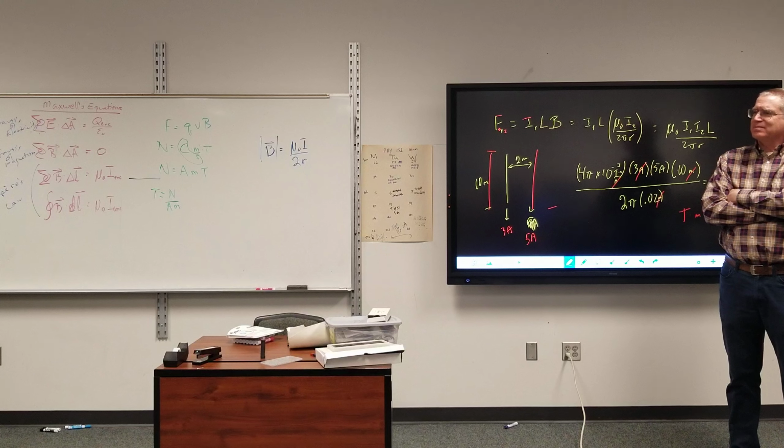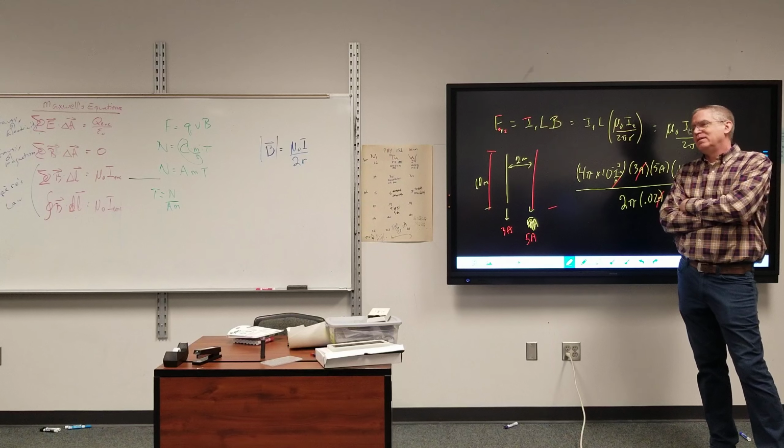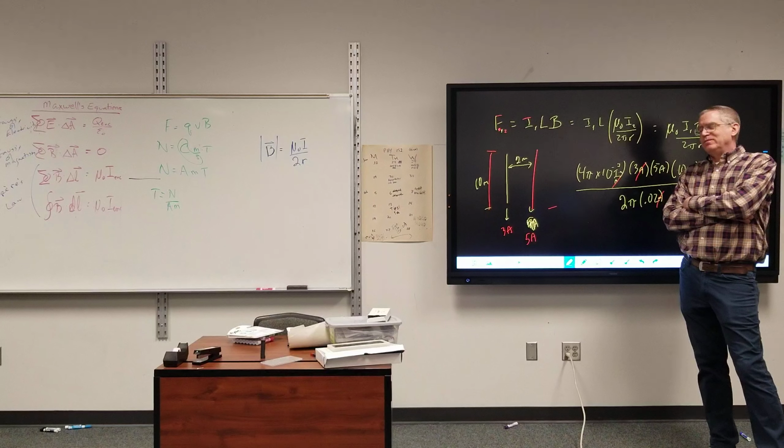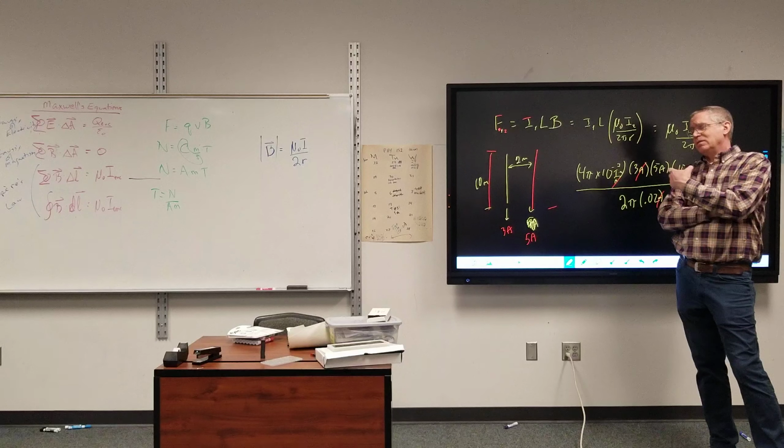So the magnetic field lines only go out but so far. However, the magnetic field lines go on forever. Well, now, if you want to say that there is a limit, then the signal that's being sent out for the magnetic field lines can only move at the speed of light at the most.